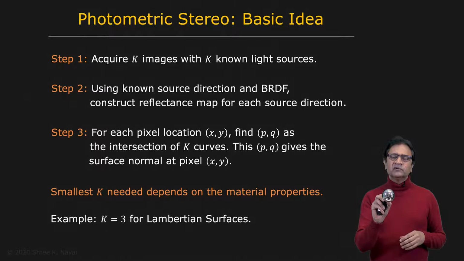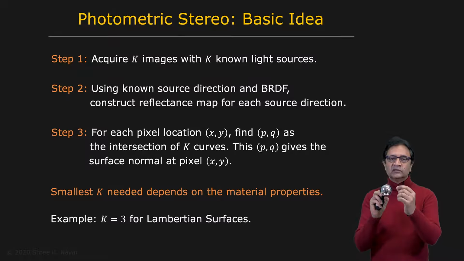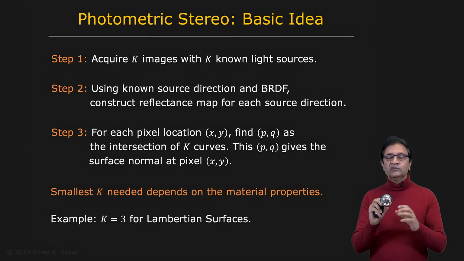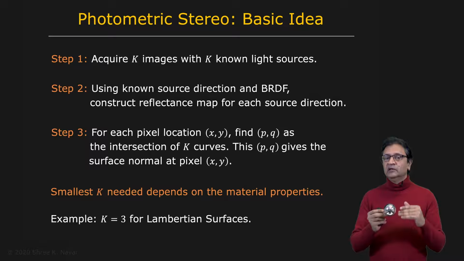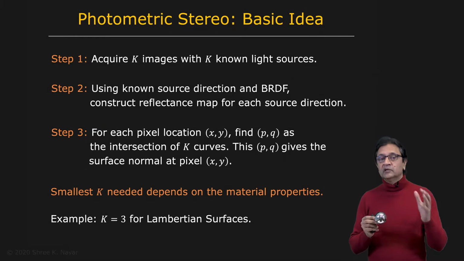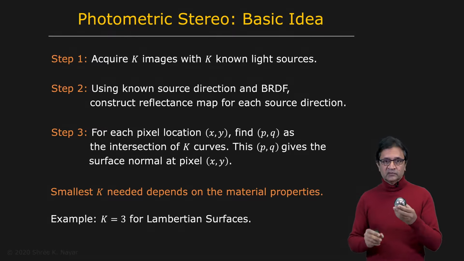Remember that in the case of a perfect mirror, for any given point light source, there's only one viewing direction from which you're going to get a reflection at any given point. And therefore, you can argue this out with yourself, you can convince yourself that you would need an infinite number of light sources to measure all the surface normals on a perfect mirror, if it is a curved mirror such as this one right here.